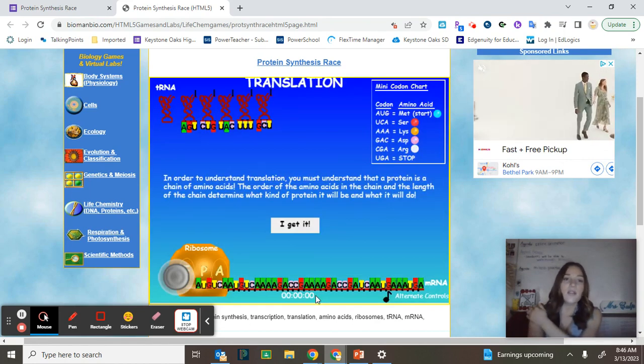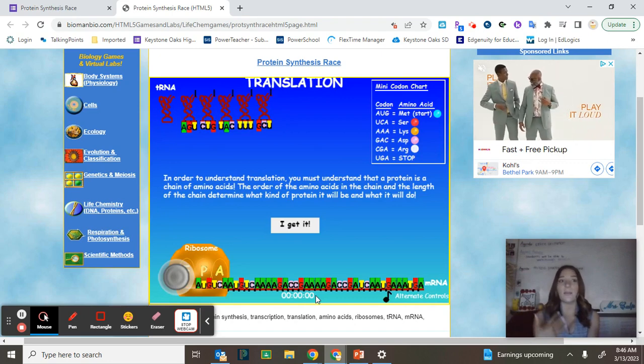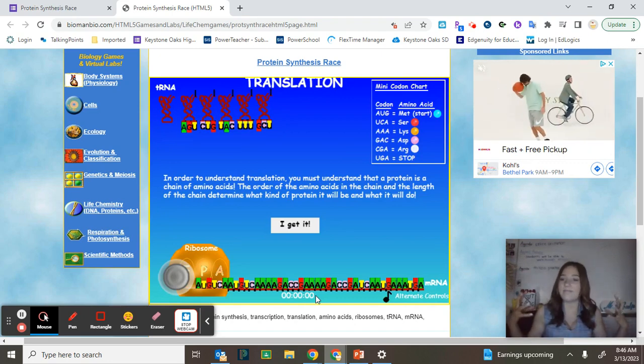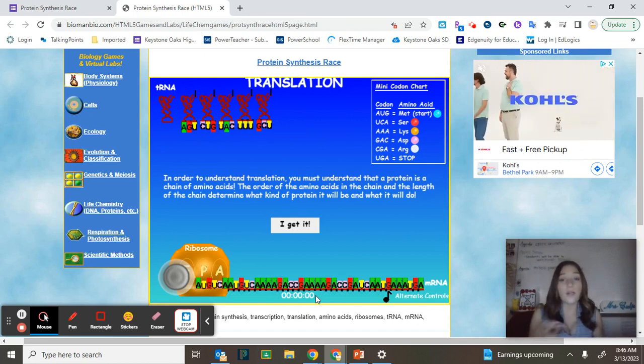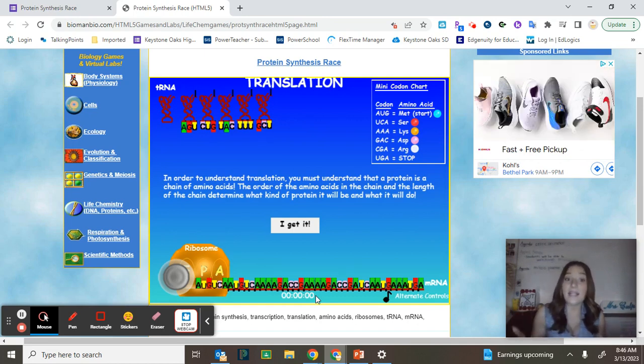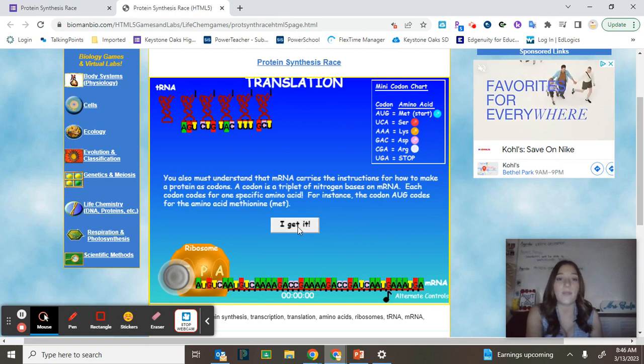Ribosomes make proteins. So now in order to understand translation, we need to know that to build a protein, we're basically just linking together or bonding together amino acids. The order of the amino acids in our chain and the length of the chain is determined by the mRNA, and it will determine what kind of protein we're making.